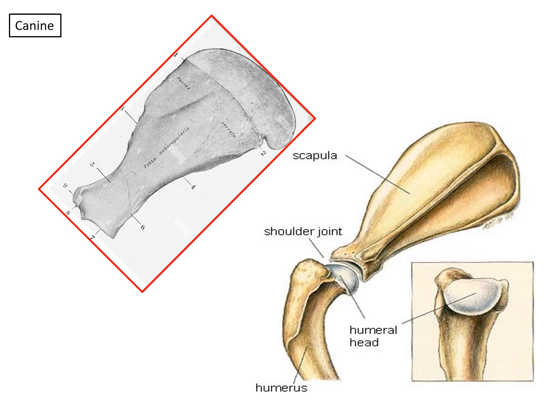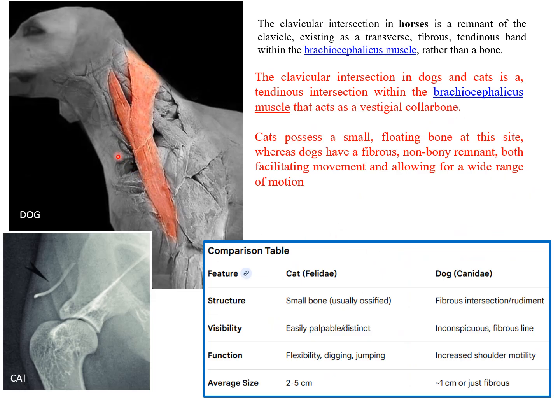Let's look at a little bit more of the clavicle. The clavicular intersection in horses is a remnant of the clavicle, existing as a transverse fibrous tendinous band within the brachiocephalic muscle.